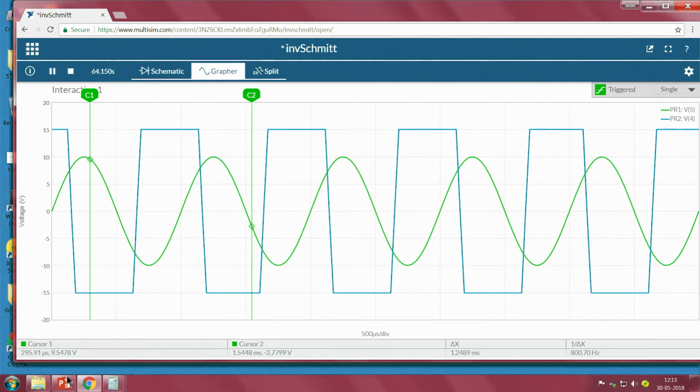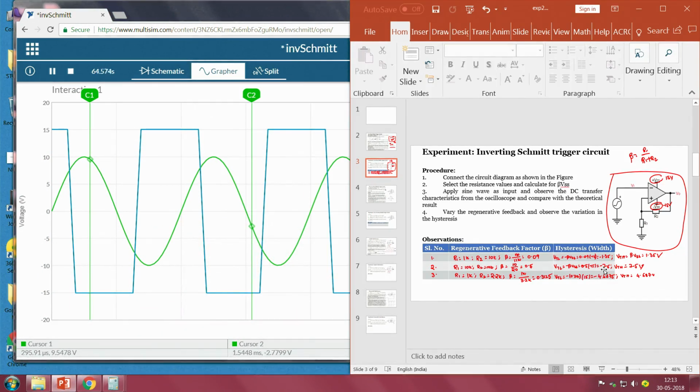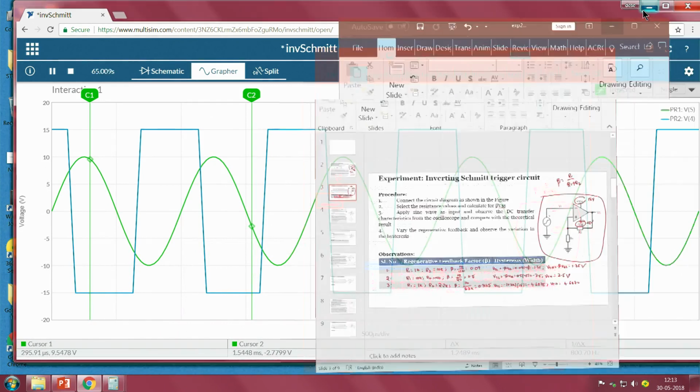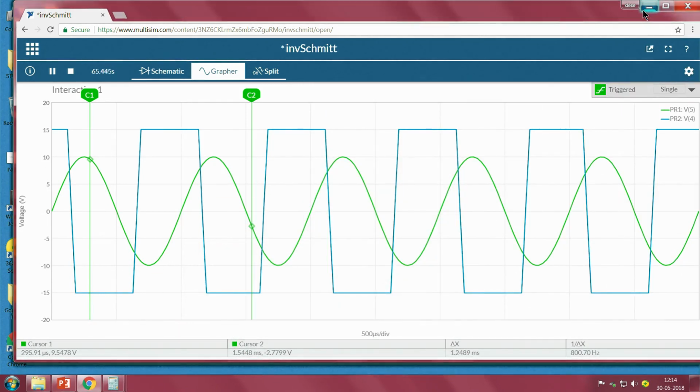So, what are the thresholds now? 7.5, minus 7.5 and plus 7.5. That means when the input signal is greater than the higher threshold value, in this case 7.5, the output should be minus VCC, that means minus 15 volts. And if the input is lower than minus 7.5, that is our lower threshold value, the output should be plus VCC, that means output should be plus 15.